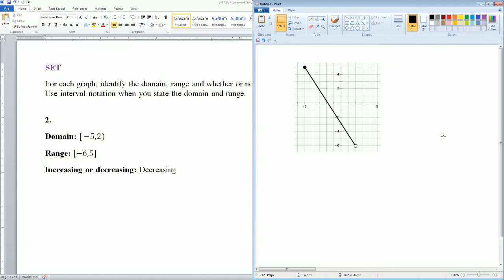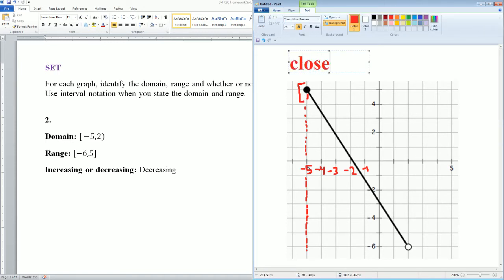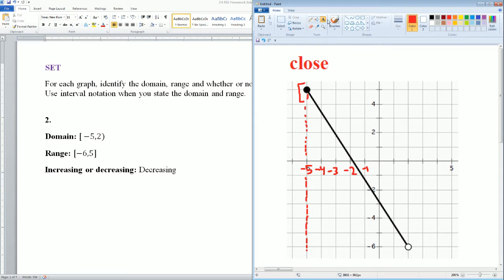Alright, so I say here that the domain was closed at -5, and it goes all the way to 2. What do I mean by that? This is -1, this is -2, this is -3, this is -4, but this is -5. This value here takes place at -5. It's closed here, and the reason why it's closed is because of that black dot.